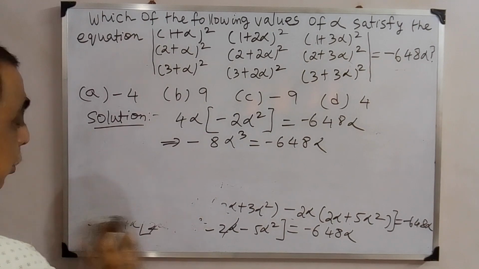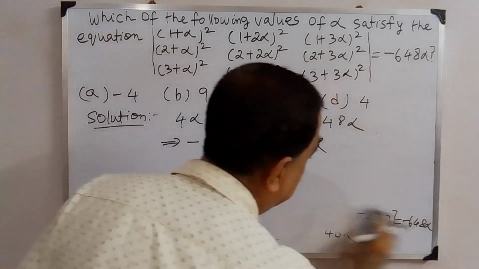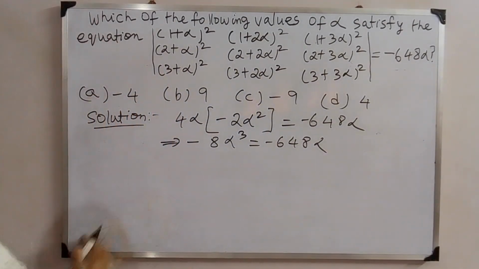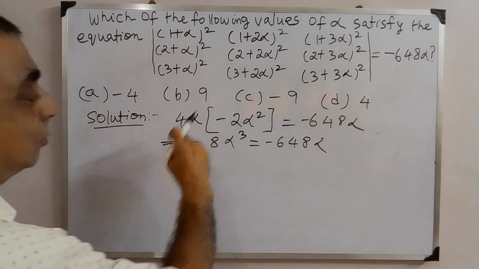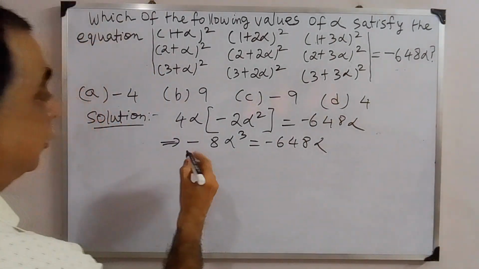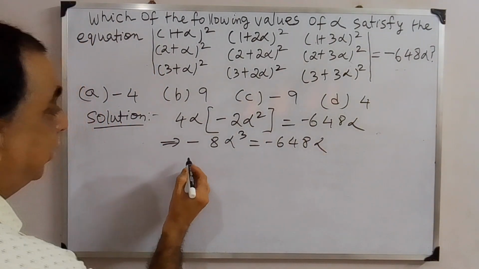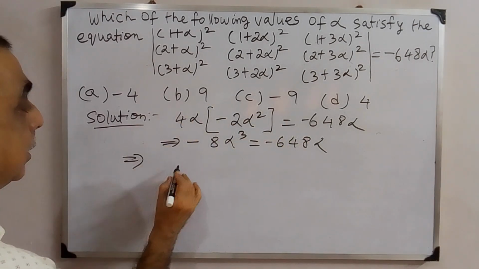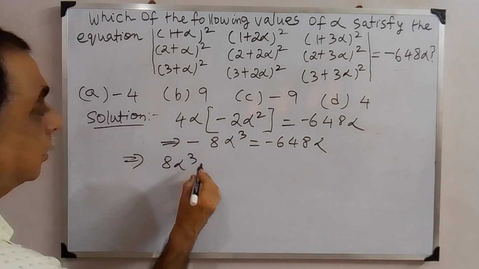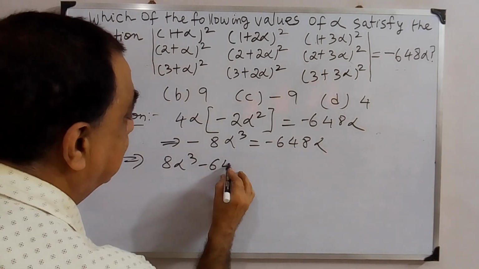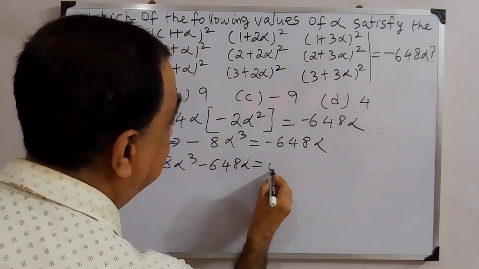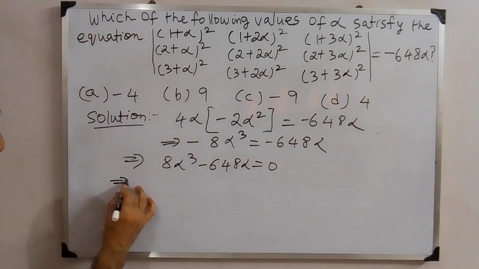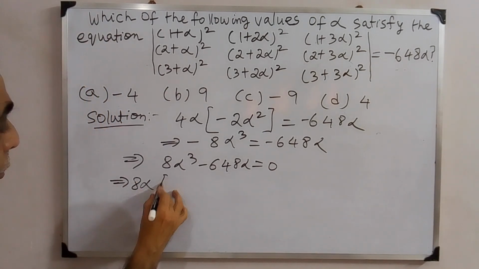Now we will solve this equation and find the values of alpha. Take this minus 8 alpha cubed to this side, transpose it, so this will become plus, and here it will become 0, but I am writing this side. So this will become 8 alpha cubed minus 648 alpha equals 0. Now from here you take 8 alpha common.